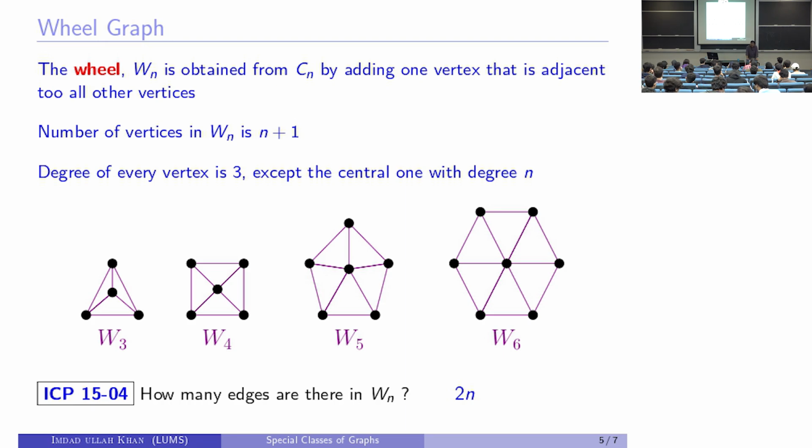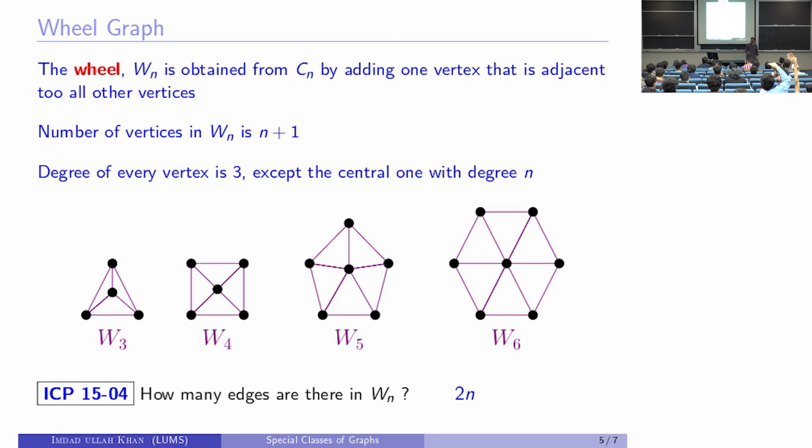Everywhere. Is this clear? Yes, cycle graph, a star graph. So now if you look at the star graph and enclose it in a cycle, you will get a wheel graph, right?